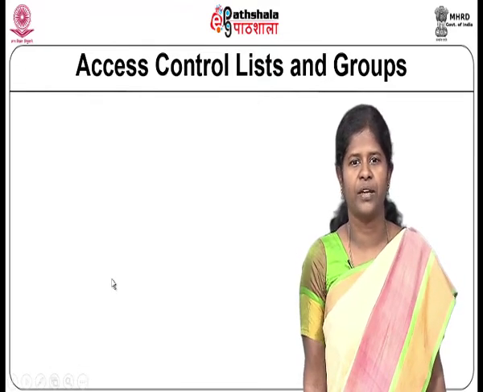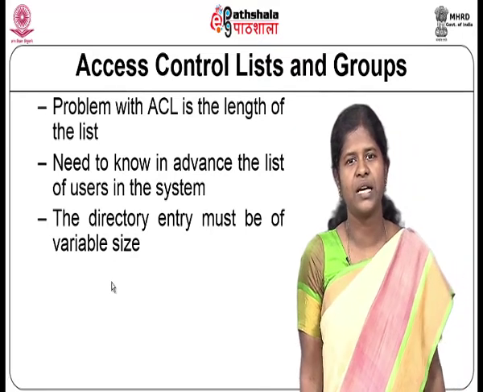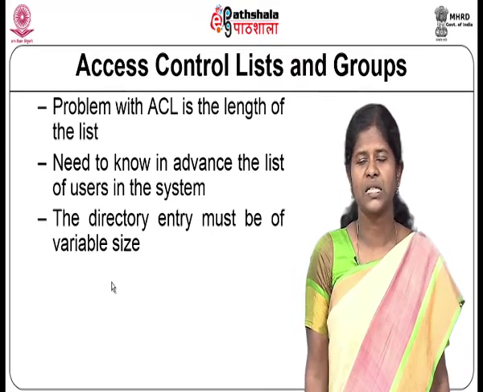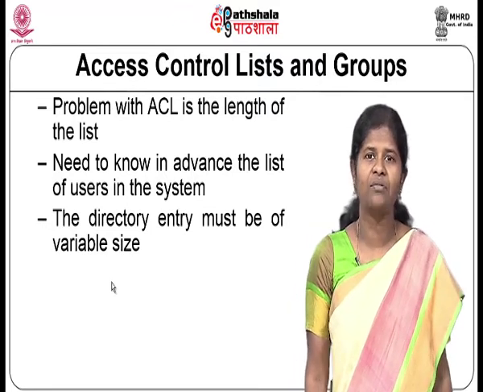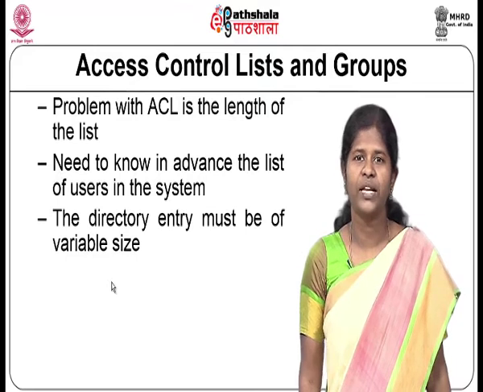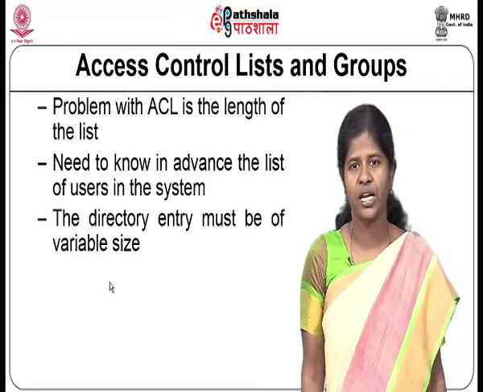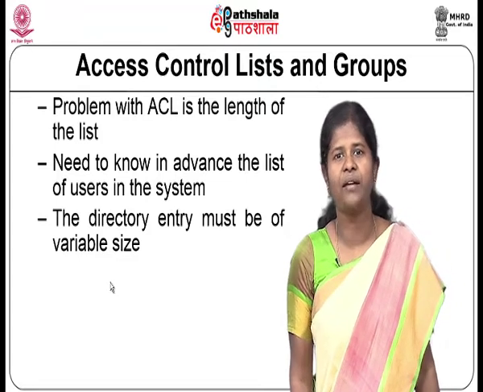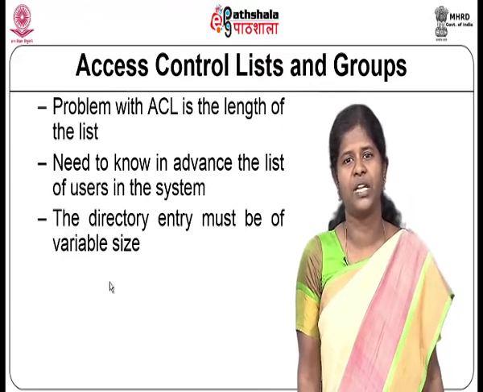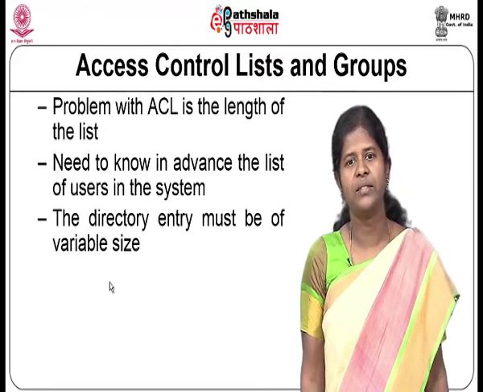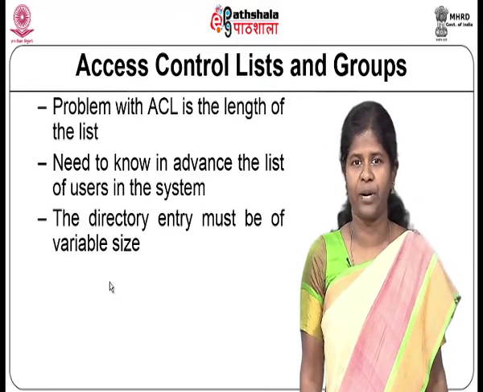But the problem with this access control list is that the length of the list can grow very large. Because for each and every file you need to have the list of users and what each user can do on that particular file, that has to be maintained. If there are so many users who can access a particular file, then all those users' names will have to be kept in the access control list, and the system should know in advance who all are the users who will use that particular file.